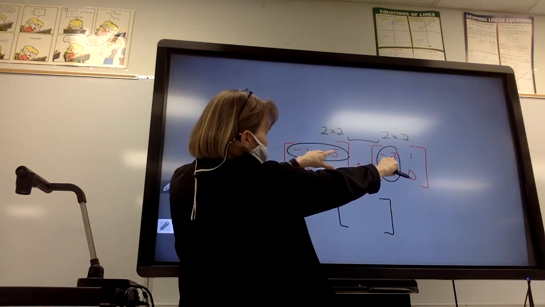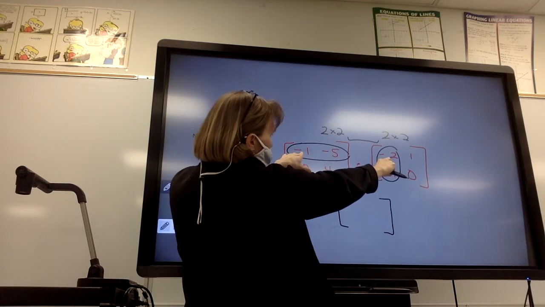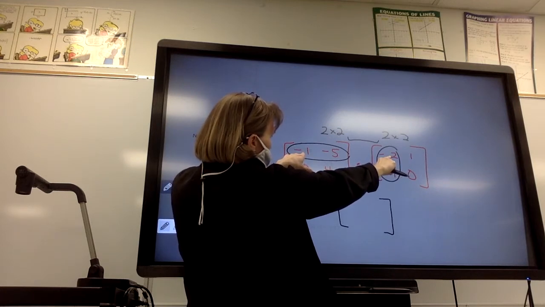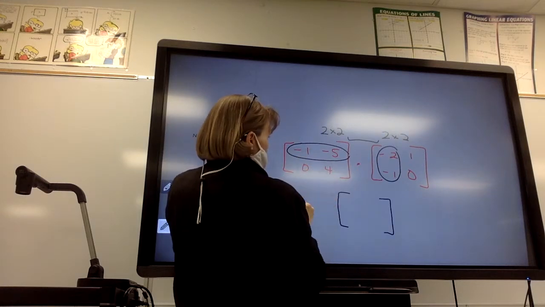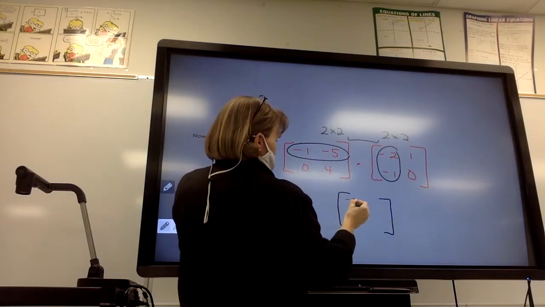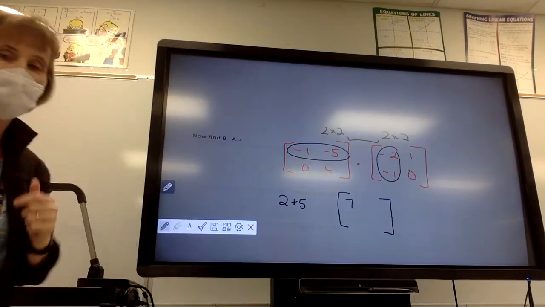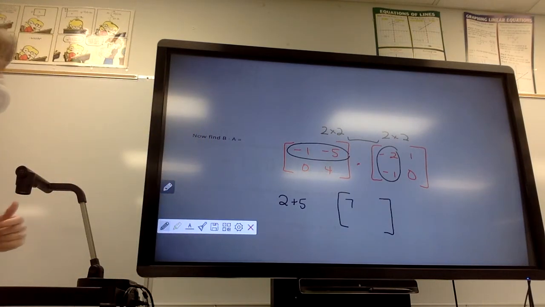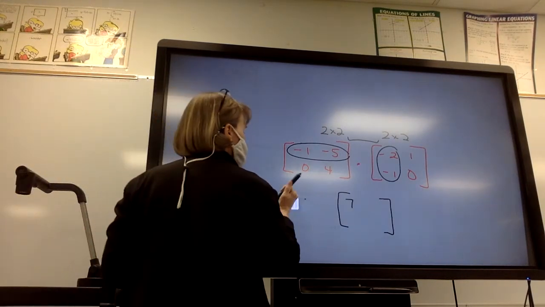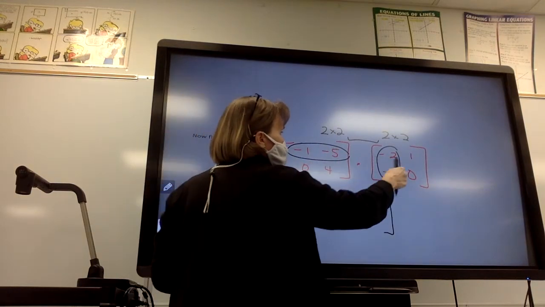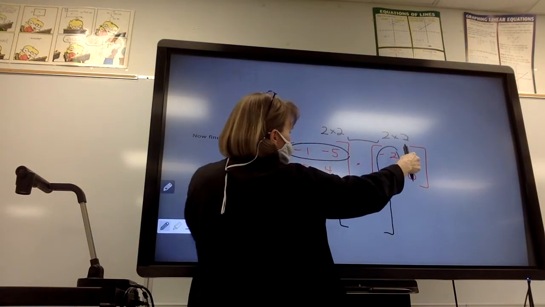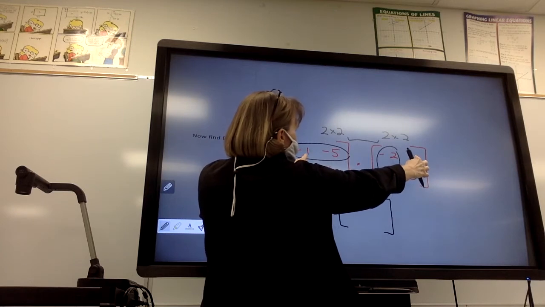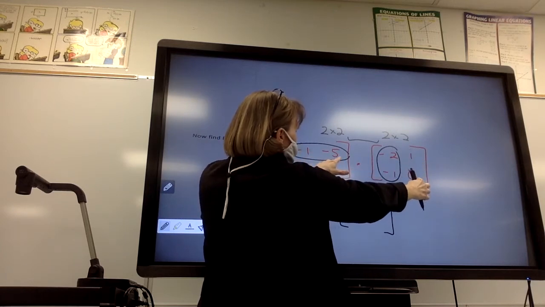So if I multiply this row times this column, what would I get? Negative 1 times negative 2 is 2, plus 5. We get 7. It's already different, right? Okay, so I'm going to stay with that first row, but move over to the second column. So when I multiply, I get negative 1 plus 0.